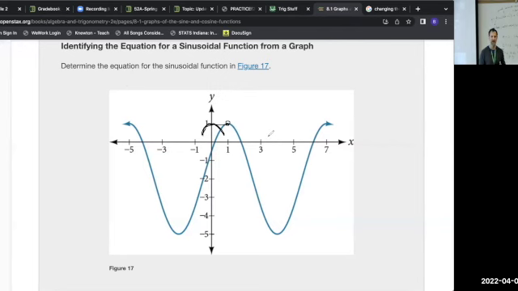Now I can still think about that in terms of sine, but because sine starts at the origin, I like to think about sine as a shift on the origin point. But it's really easier to see shifts on maximum and minimum. The other way to do it would be to say, if sine has a maximum at pi halves, then I need to shift back this way.